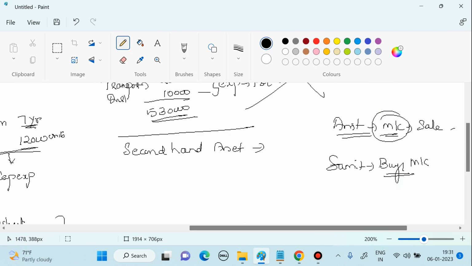Obviously, some reconditioning has to be done. Some repairs might have to be done on this particular machinery so that it becomes usable. So that expense that you incur has to be added to the value of machinery. You should not treat it as routine repair expense and put in profit and loss account. If you do that, then it will create the problem of error of principle. Got it?